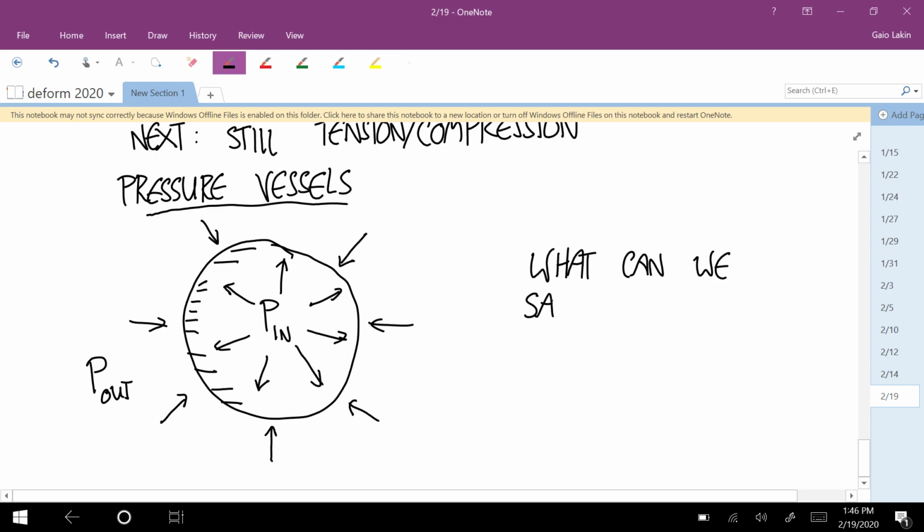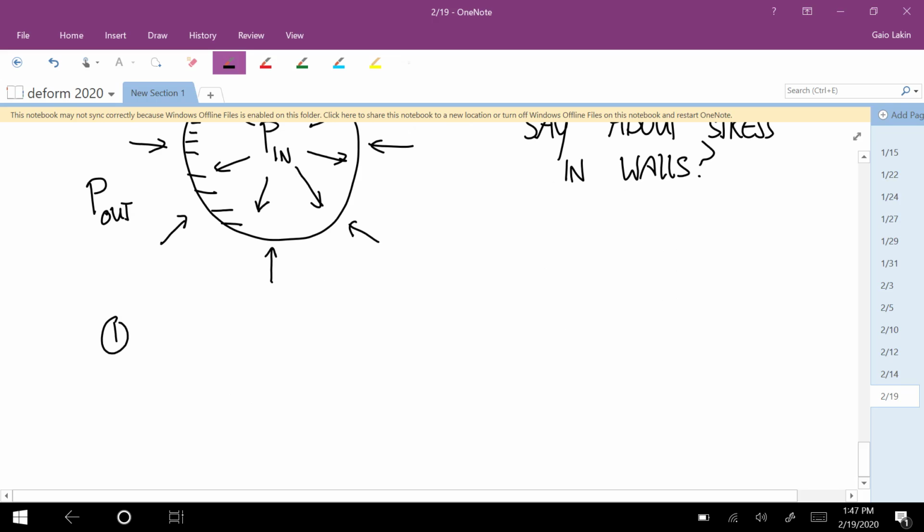What can we say about stress in the walls? And we'll do a spherical shape like the picture I drew there. And then we'll also do a cylindrical shape.